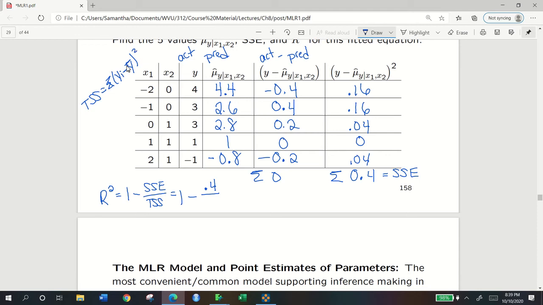We actually calculated this in our SLR1 notes, and this value is 16. So doing our math, we will now have an R squared value of 0.975, which on the surface looks pretty good.